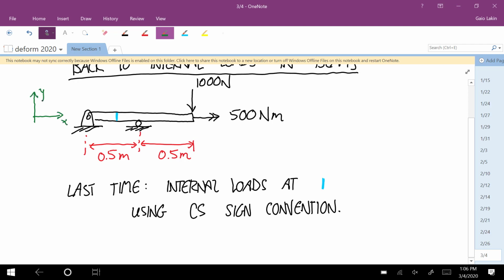And we were able to do it. Does anyone remember what the problem is with using that sign convention?